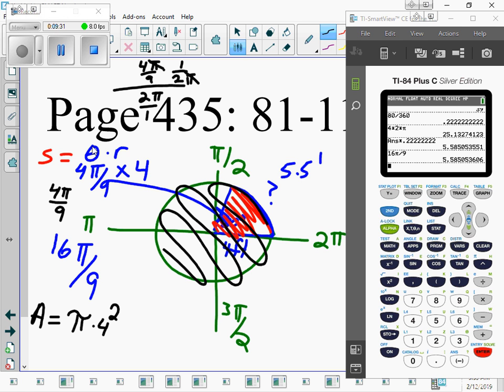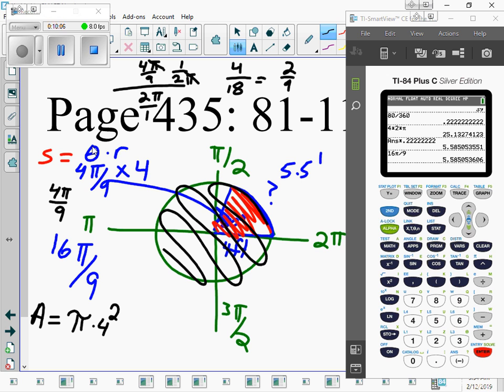The pi's cancel, and I have 4 over 18, which simplifies down to 2 over 9. What does 2 over 9 tell me? That is the fraction of the circle that I'm using. This pizza is 2/9 of the circle. So if you cut the pizza into 9 pieces, this is 2 of those pieces.